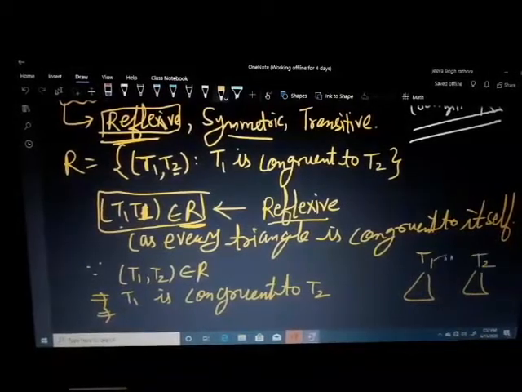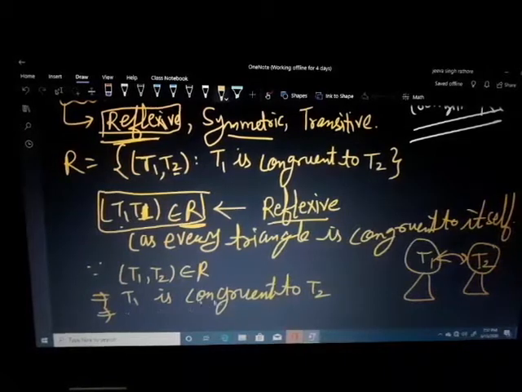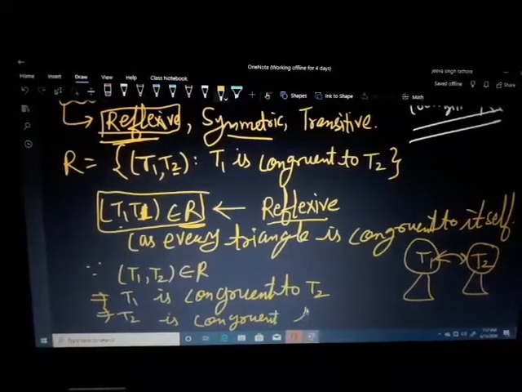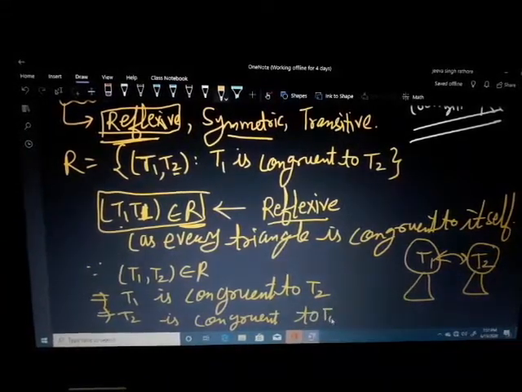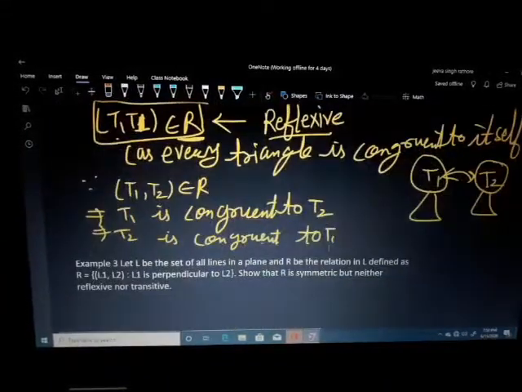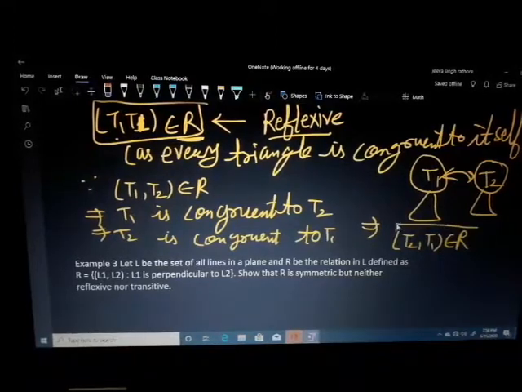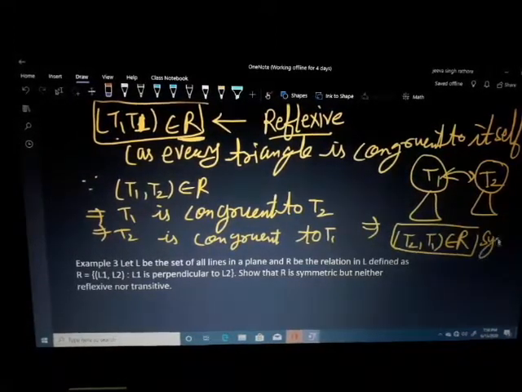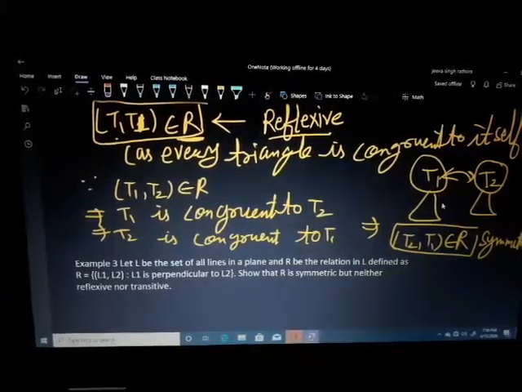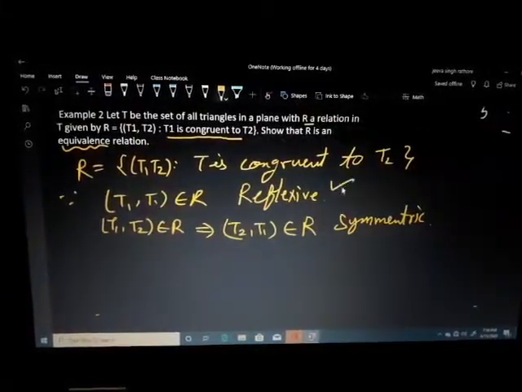T1 is congruent to T2, which means T2 is also congruent to T1. So I can write T2 is congruent to T1, which means (T2, T1) also belongs to R. That's why this is symmetric.